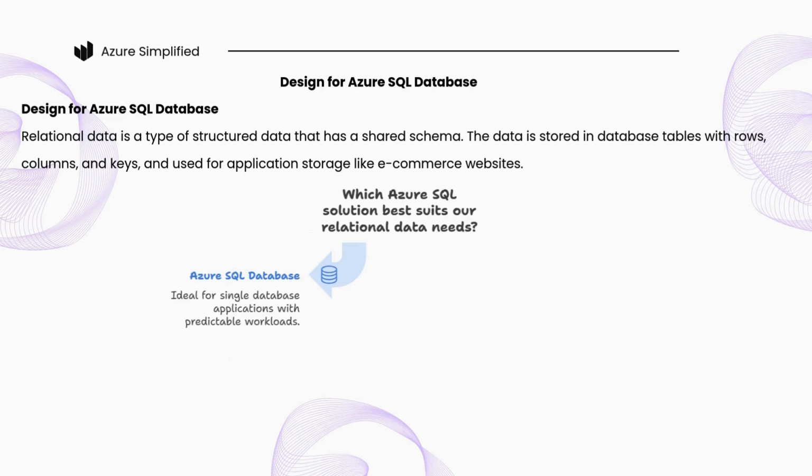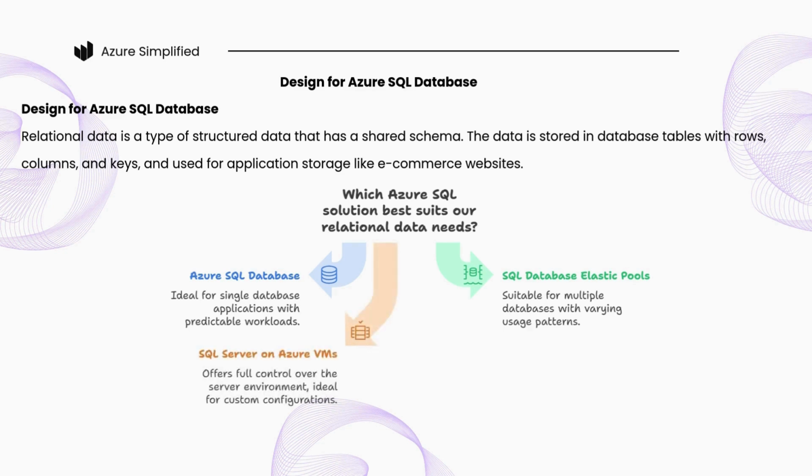It presents 4 options. Azure SQL Database, best for single database applications with predictable workloads, offering a managed and scalable PaaS, platform as a service, solution. SQL Database Elastic Pools, designed for multiple databases with varying usage patterns, optimizing cost and resource allocation.